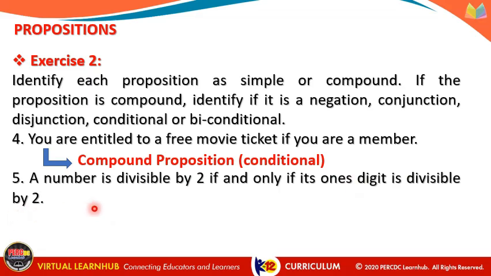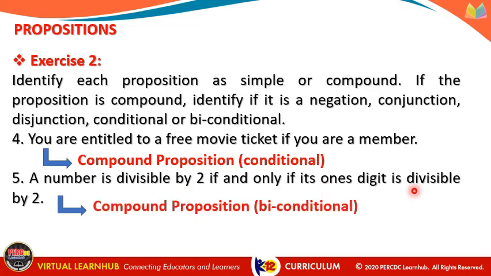So you have two propositions. A number is divisible by 2. The other one is its ones digit is divisible by 2. So you have two propositions connected by the words if and only if. Thus, what we have is a compound proposition, specifically a biconditional proposition.